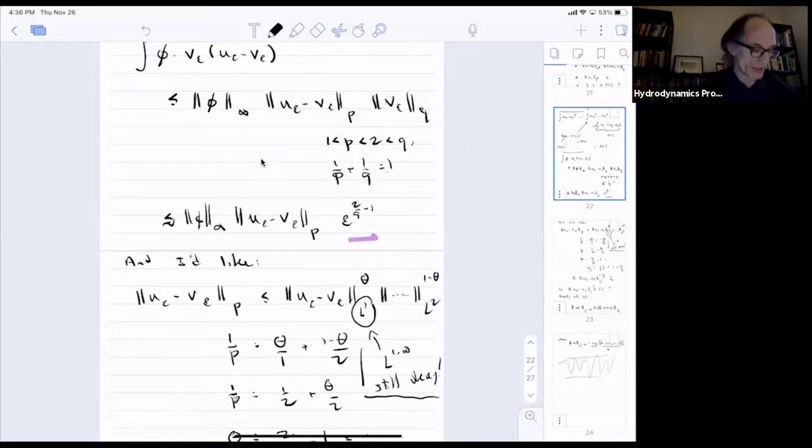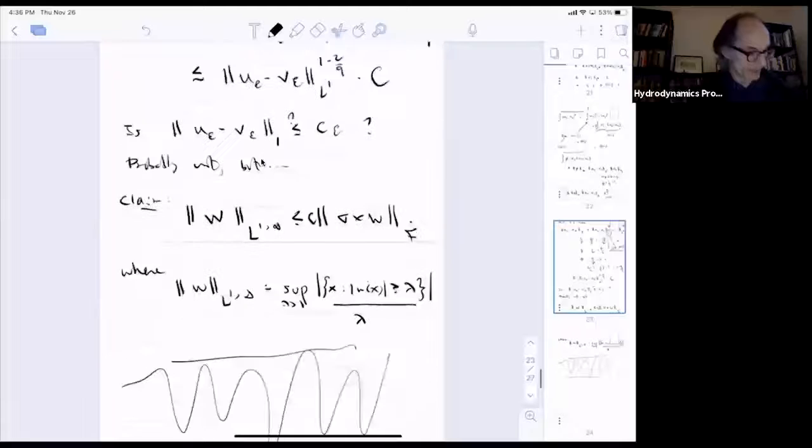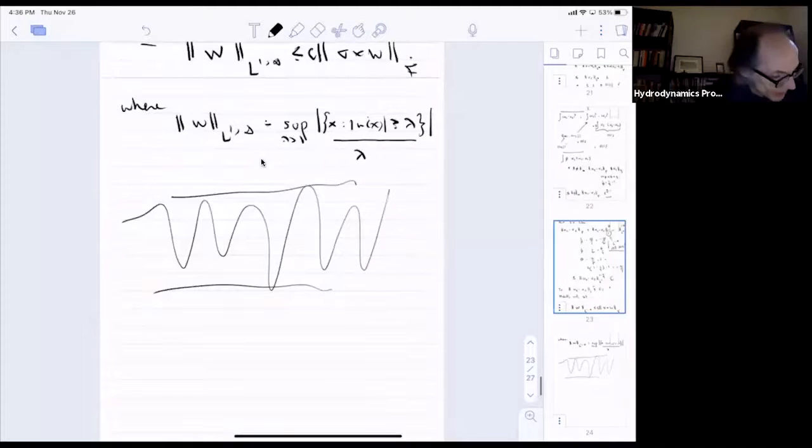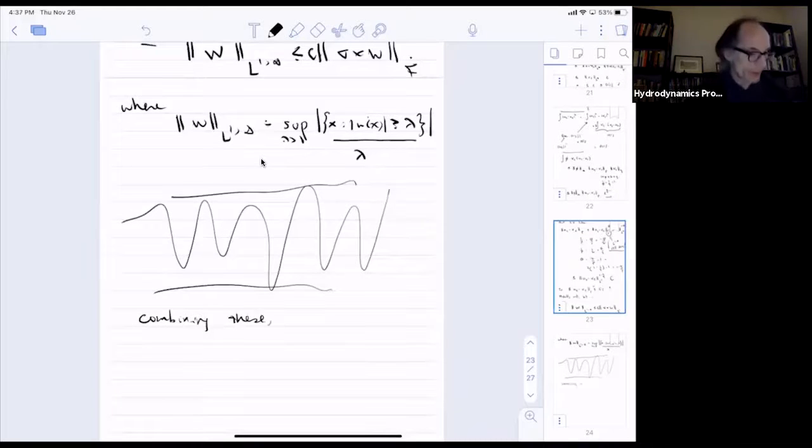Okay, and so then the argument is that I replace this by L1 infinity, and then I use this claim, and combining these, what happens?